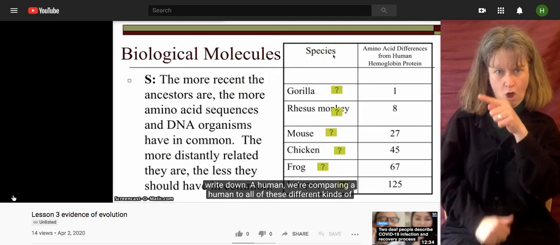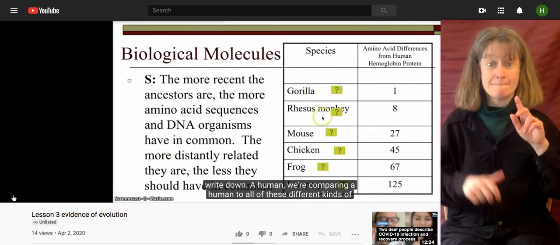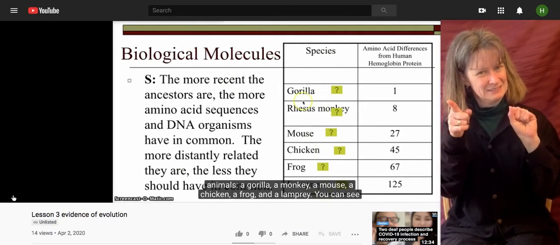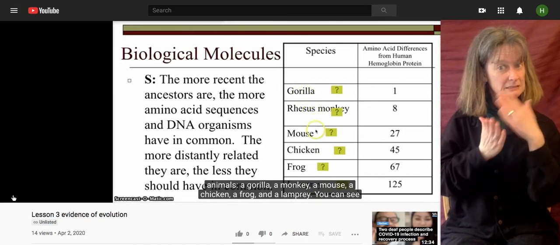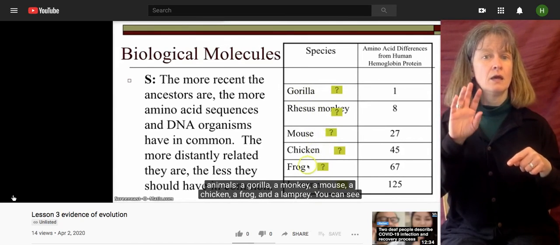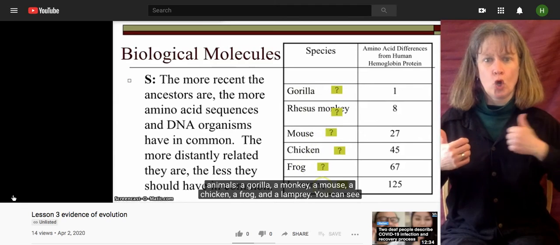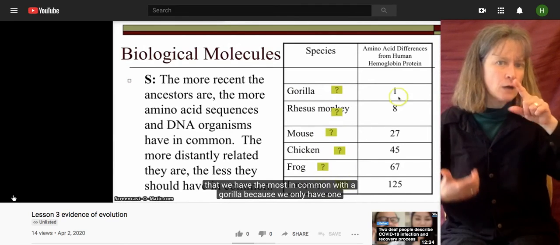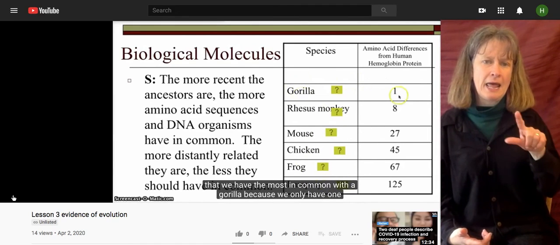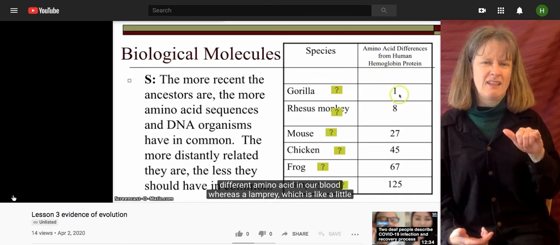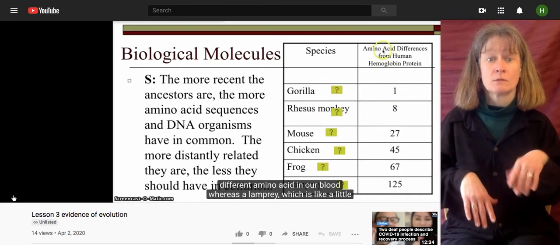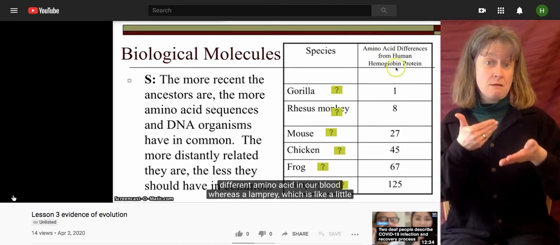We're comparing a human to all of these different kinds of animals. A gorilla, a monkey, a mouse, a chicken, a frog, and a lamprey. You can see that we have the most in common with a gorilla because we only have one different amino acid in our blood.